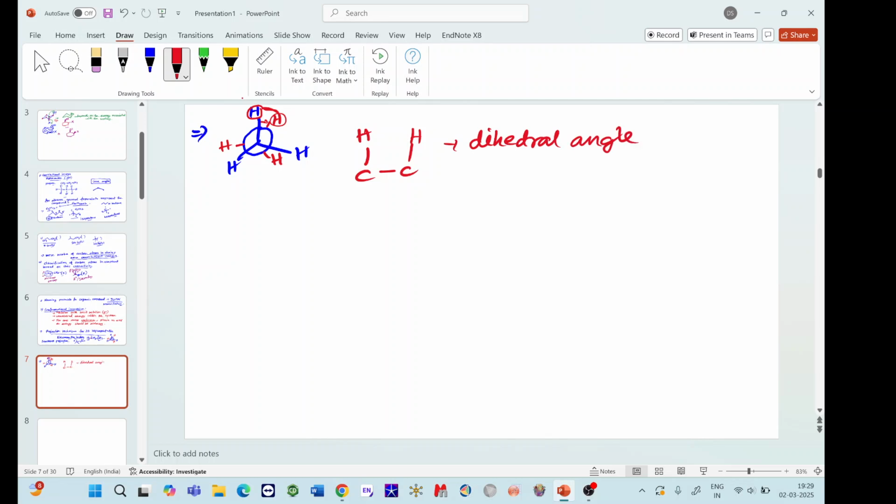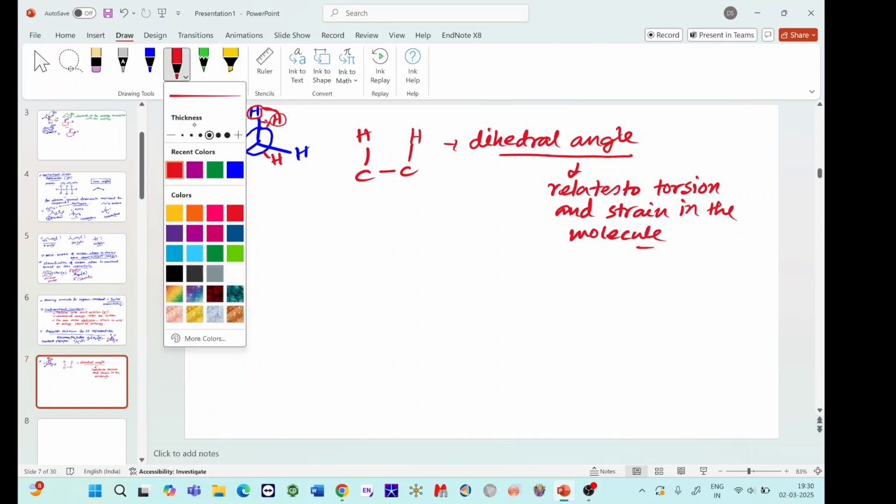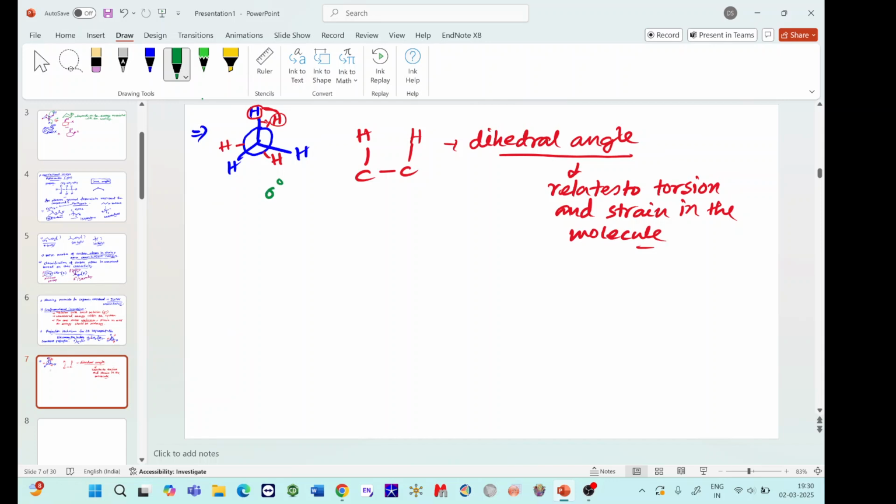Can you follow it? So the dihedral angle relates to torsion and strain in the molecule. In this case, you have dihedral angle 0.